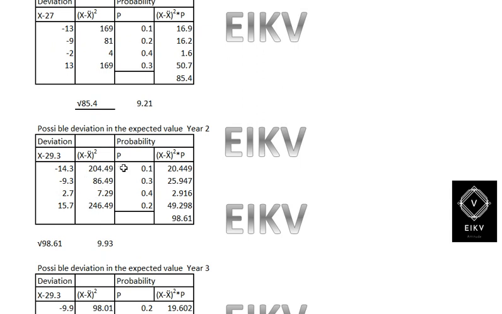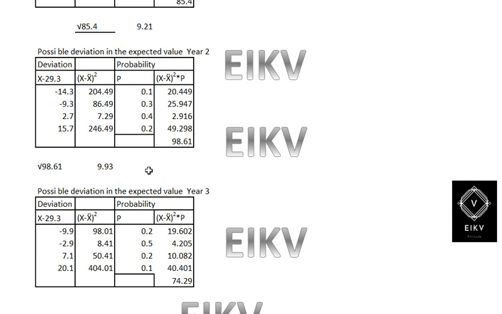We need to take the square and multiply it with the probability. You will get the total as 98.61. When we take the root of 98.61, we will get the standard deviation as 9.92.